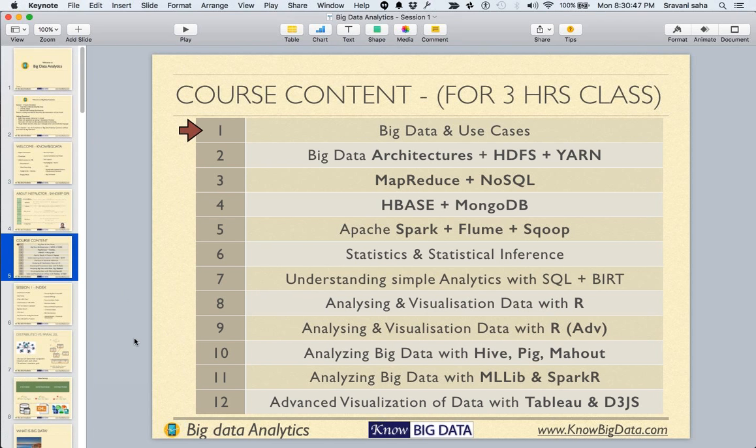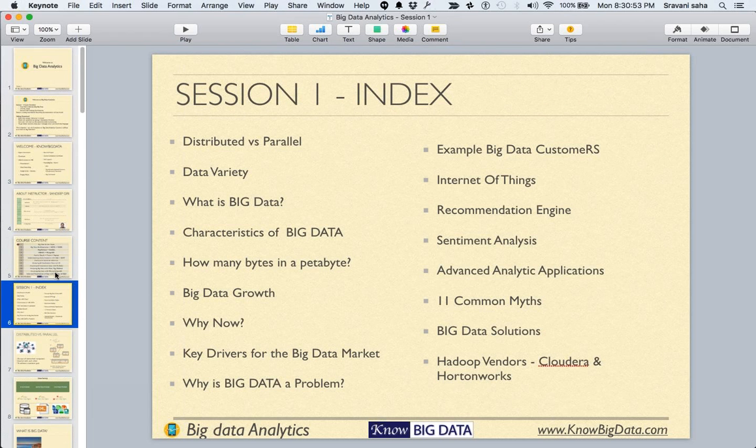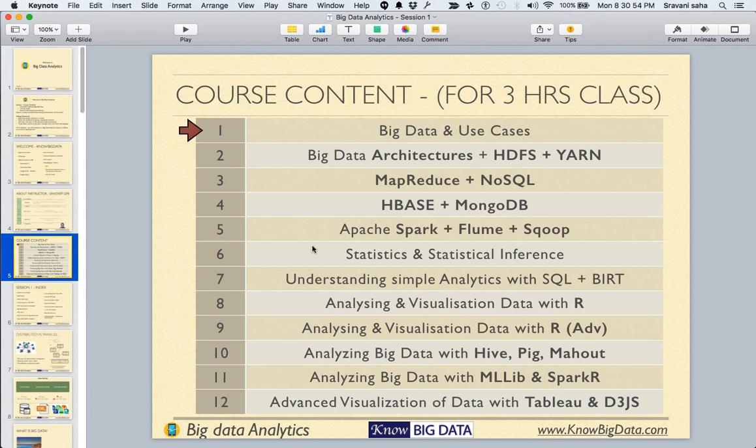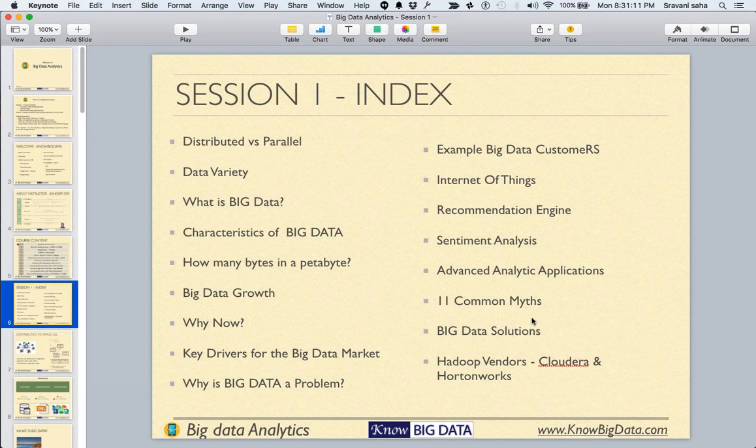So this is about the big data analytics course. The most important part is how to do analytics using the latest tools. How do you do analytics on huge data or small data? Those are the things which we will teach as we go forward, both analytics and visualization, because visualization is part of analytics.